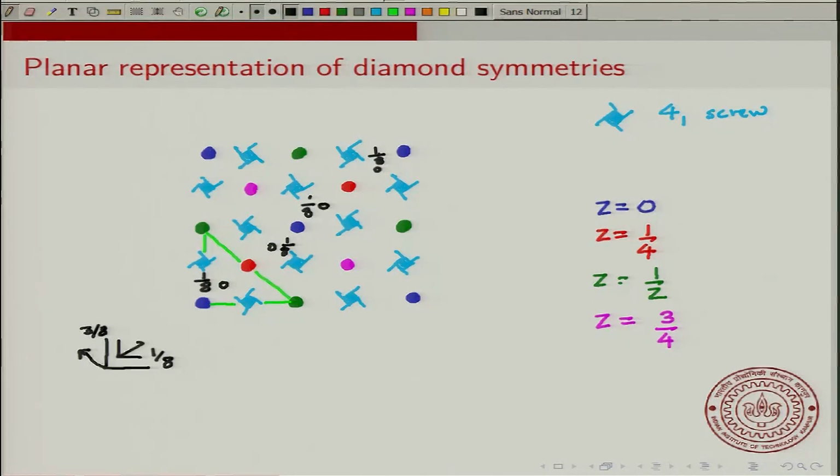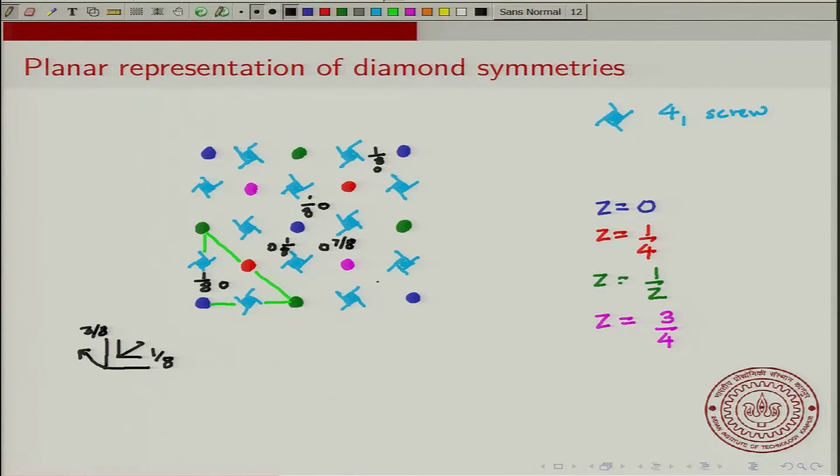And there will be other inversion centers between other connecting points that will be located at different distances. For example, here you would have an inversion center located at, no, not here. It will actually be located between, this is at 3/4. So yes, there will be an inversion center right here at 7/8.